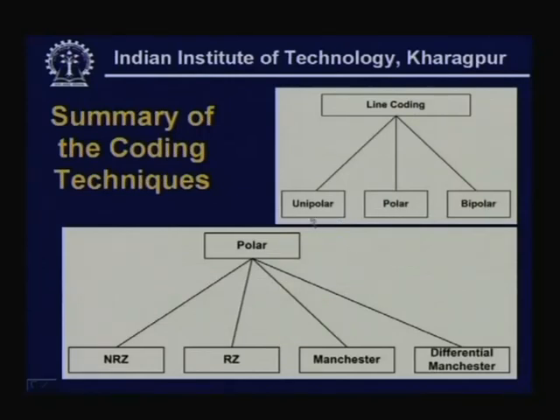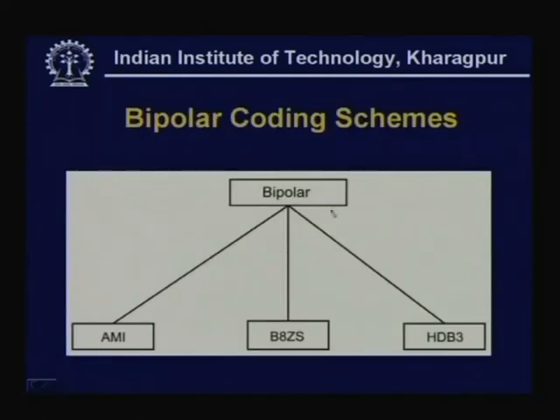Unipolar, as you know, is not really used, but the polar scheme has a number of different types like NRZ, RZ, Manchester and differential Manchester. All of these coding techniques we have discussed in detail. We have also discussed one particular technique of bipolar encoding, that is AMI, alternate mark inversion, in detail in the last lecture.